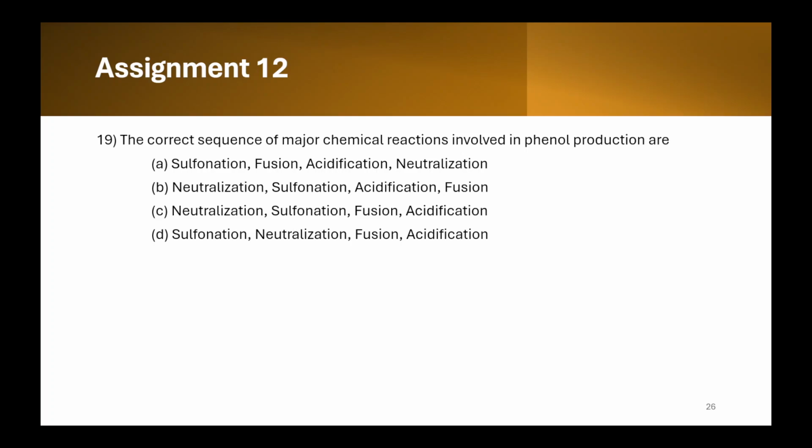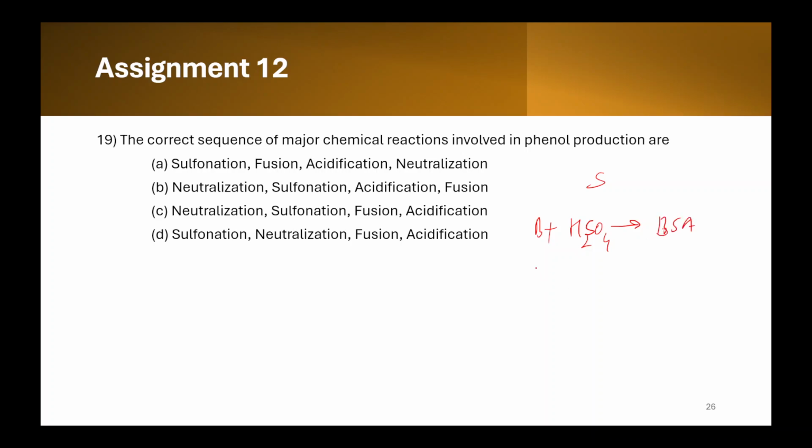Next question: the correct sequence of major chemical reactions involved in phenol production is: A option, B option, C option, or D option? So we go again stepwise. We know the first step is sulfonation, so it is either A or D. Benzene plus H2SO4, I wrote HS just as an abbreviation, but this is not the formula for H2SO4, please keep that in mind. It gives us benzene sulfonic acid.